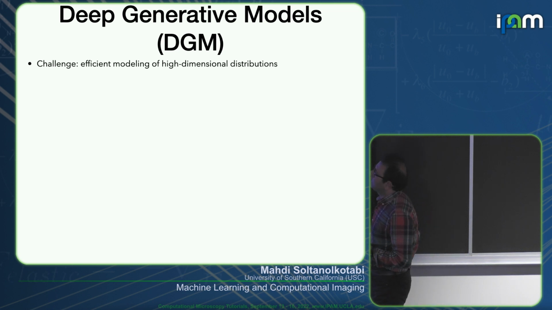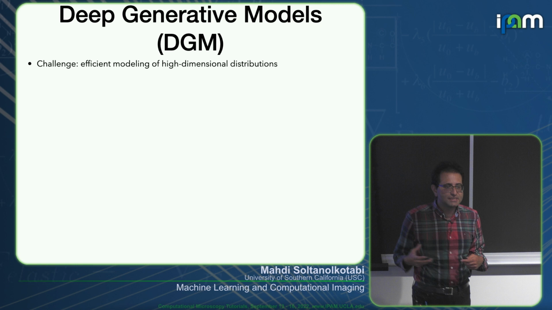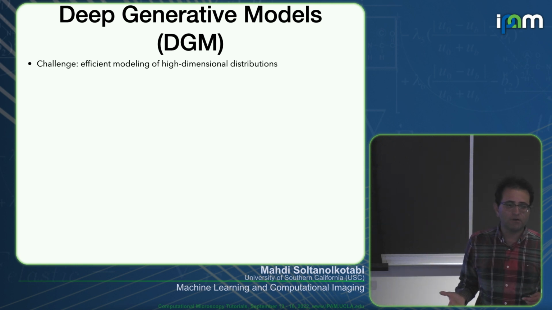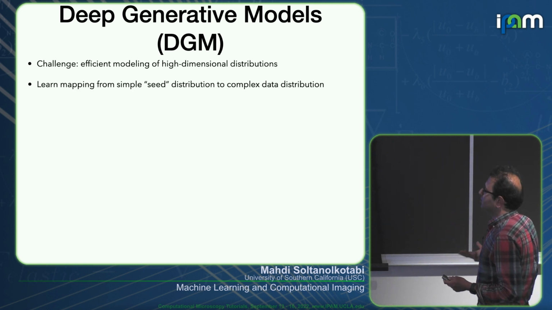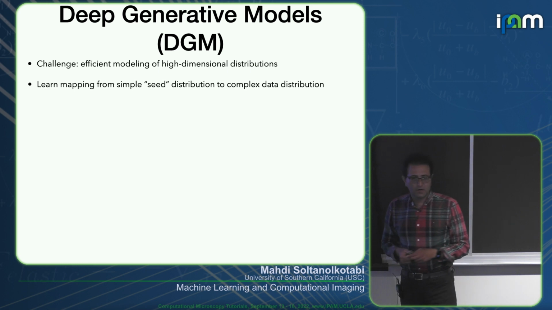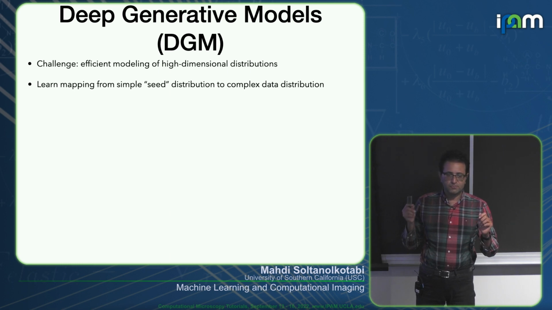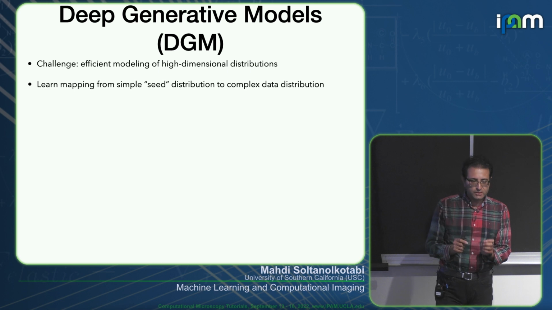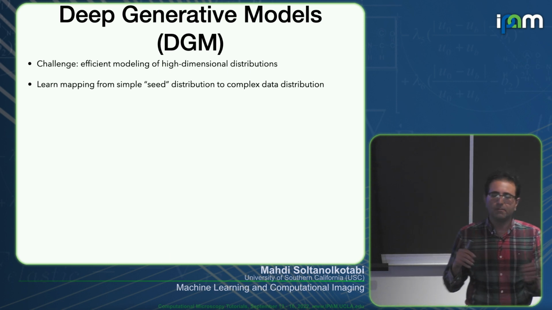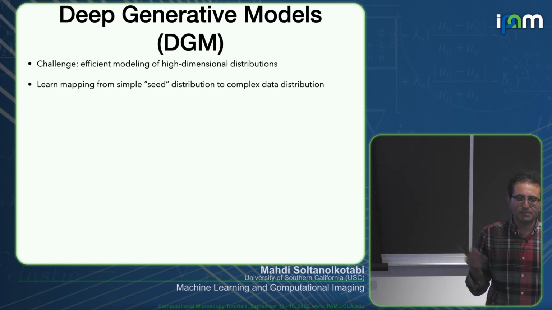Deep generative models, the real purpose is essentially efficient modeling of high dimensional data. So here the idea is that I want to learn a mapping that goes from some simple seed input to the actually complex high dimensional data that we see in our data sets.